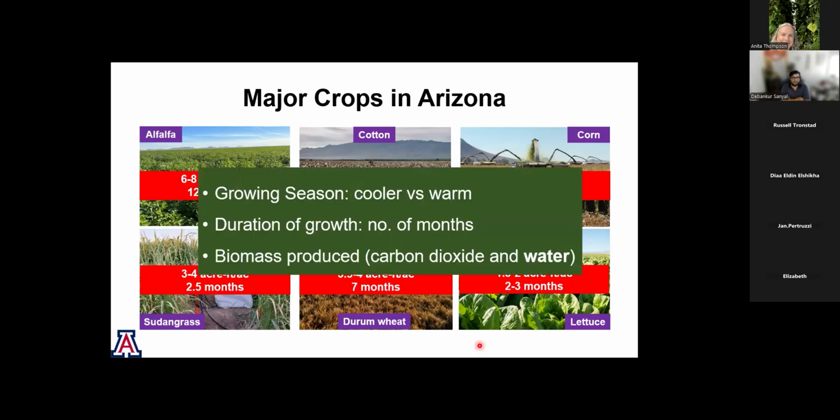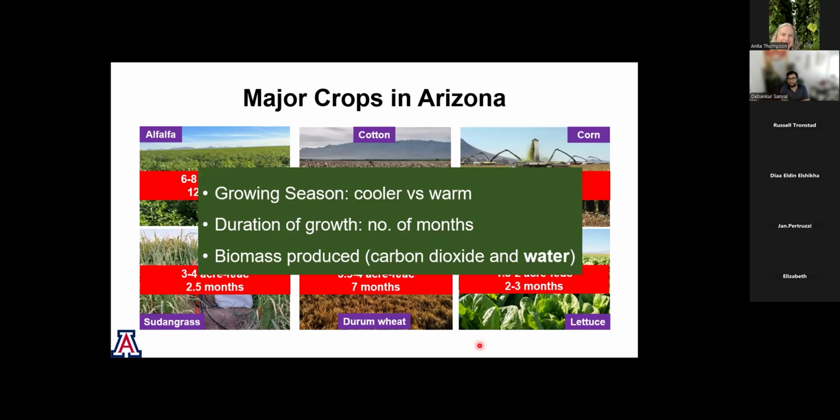So what matters is how long you are growing that crop and what season you are growing it in. Definitely, if you are growing something in the summer, you will be utilizing a lot more water, because it has an additional evaporation pool. It will take a lot more water just for evaporation, or just to cool down the plants through transpiration. So evapotranspiration demand is higher in summer. It's pretty straightforward, right?